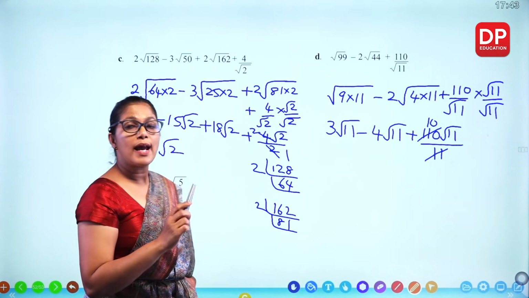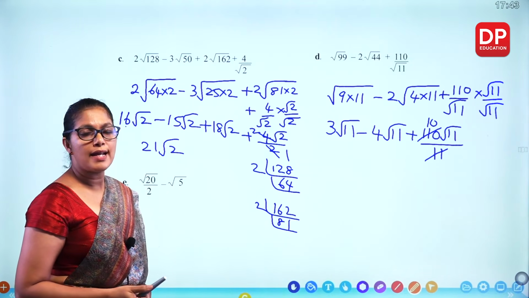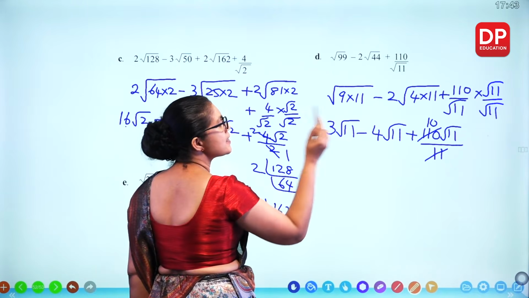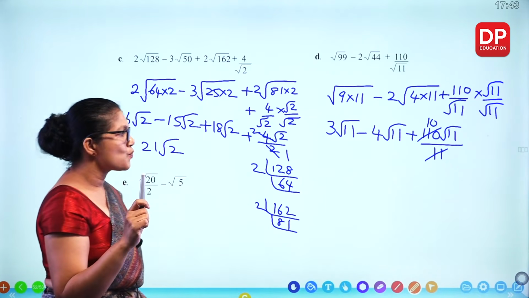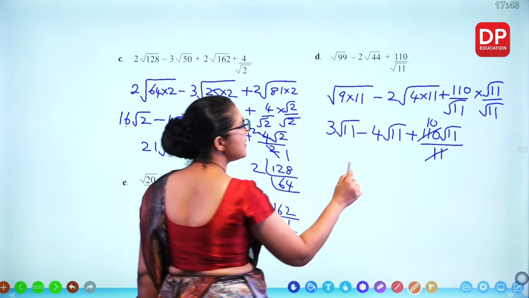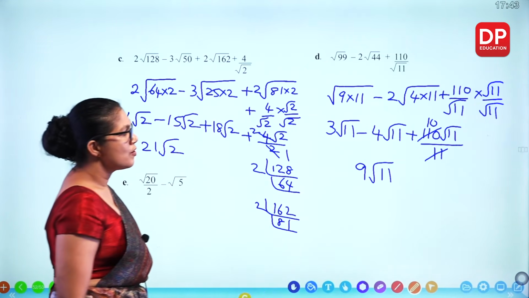Now look carefully, all same surd form. I can just add and subtract. 3 minus 4, I get minus 1. Minus 1 plus 10, I get 9. So the answer is 9 root 11.